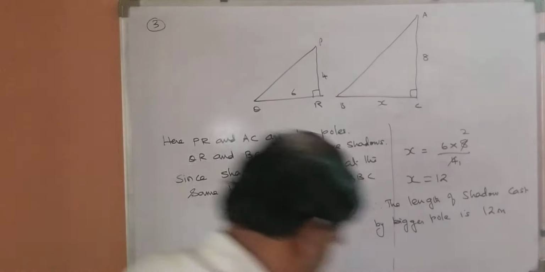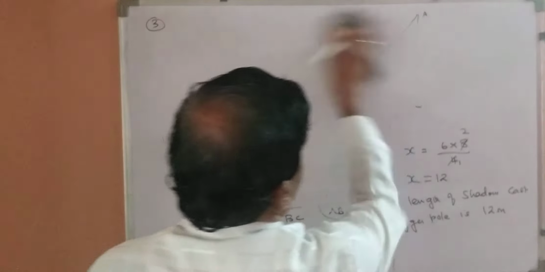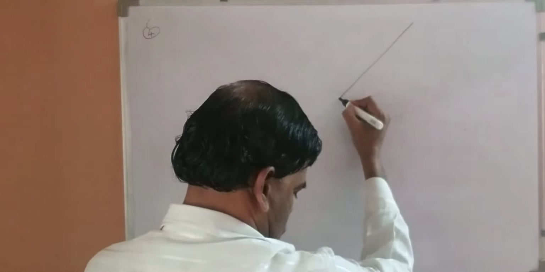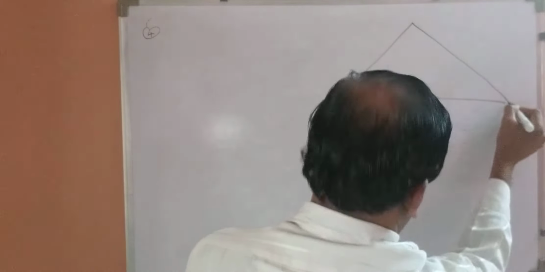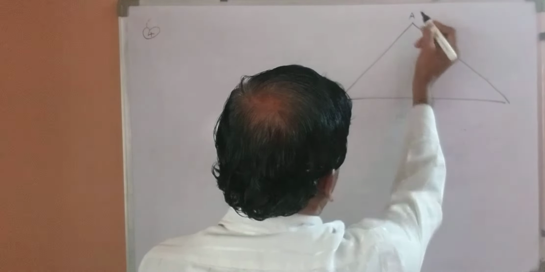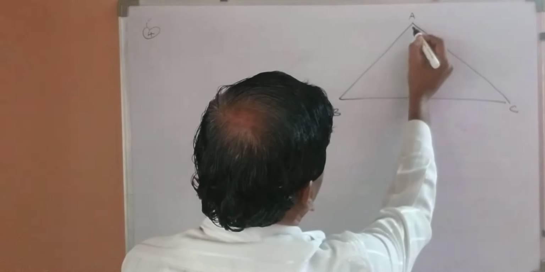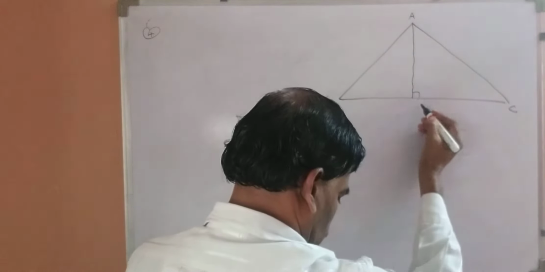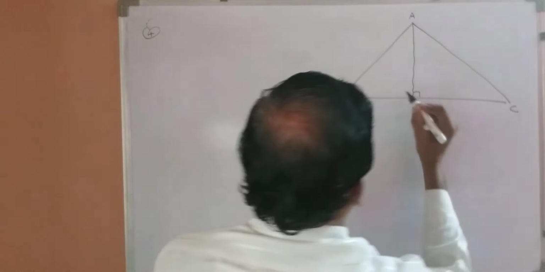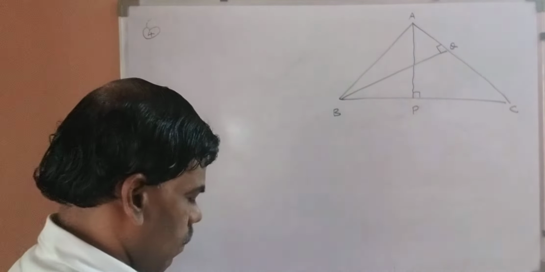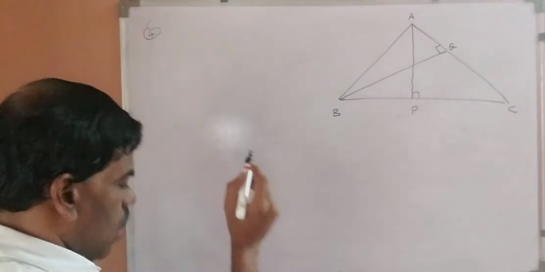Next one, fourth sum. A, B, C, P, Q. Now, given.